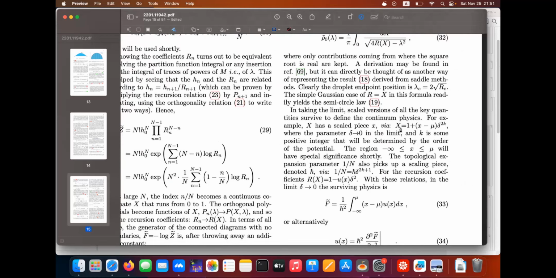We take x equal to 1 plus some infinitesimal term, with the parameter delta going to 0 in the limit. The key is some positive integer k to be fixed, which determines the order of the potential. For different potentials, we have different behavior of the distribution at the edge.